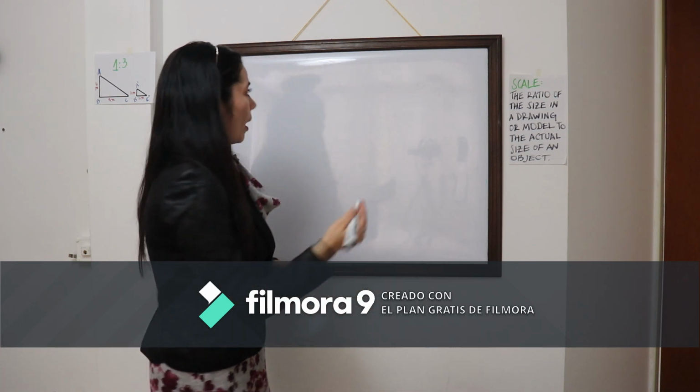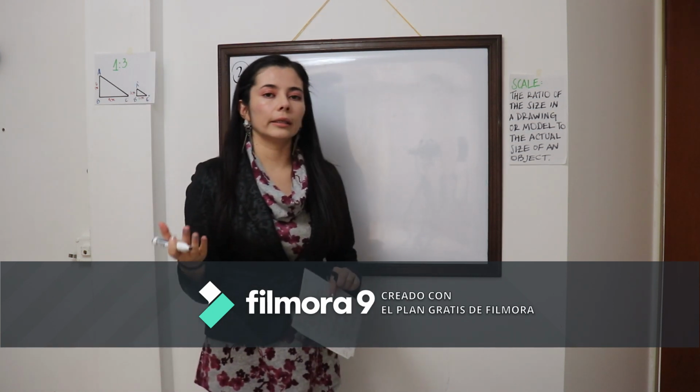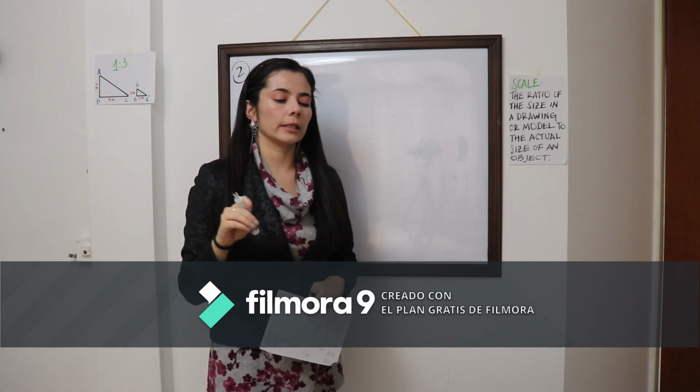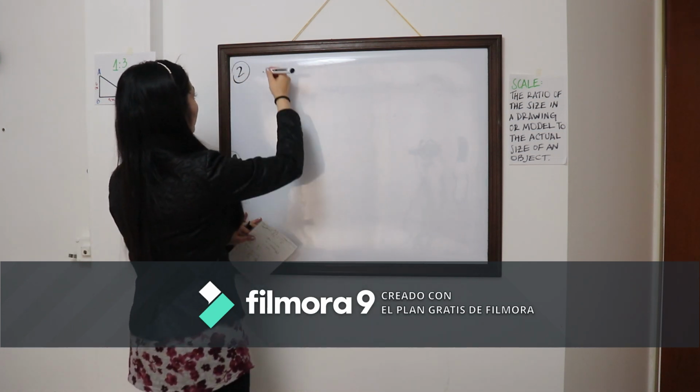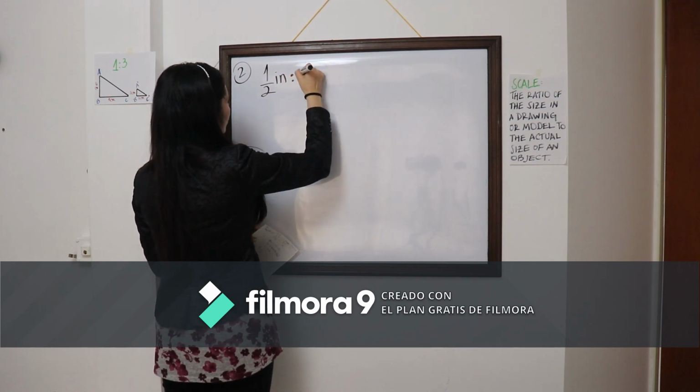So if we think about problem 2, for instance, problem 2 is about the dollhouse bed that we want to convert into the actual measurements, right? And so we have a scale rate. The scale rate is 1 inch to 1 foot.